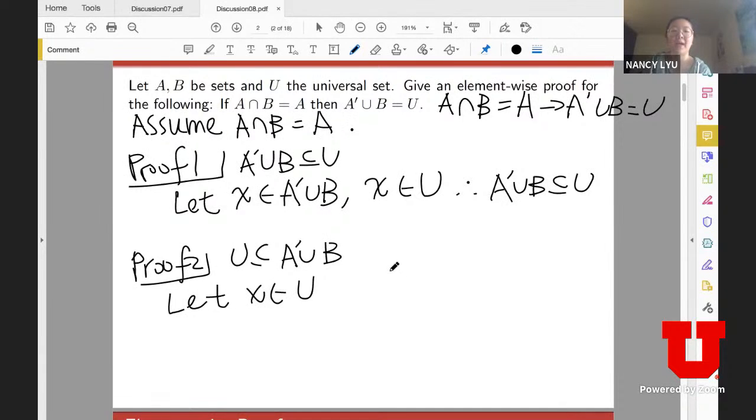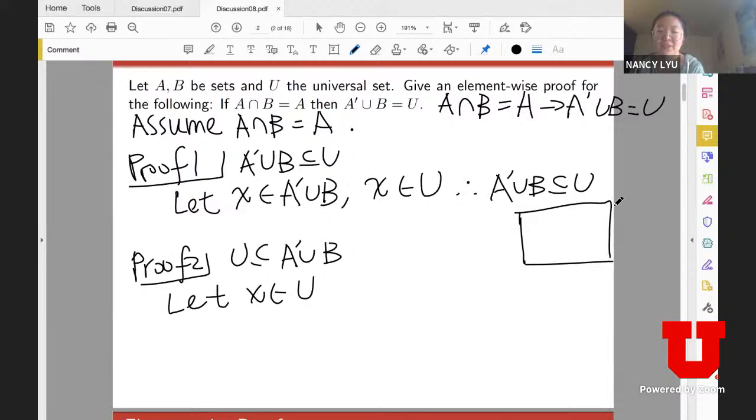Because we want to show X is also in the union of the complement of A and B. What does X belonging to the universal set imply? Wow, you guys are so quiet today.